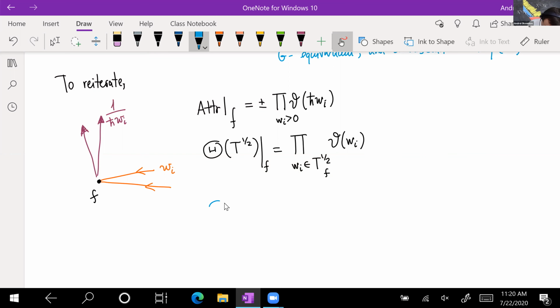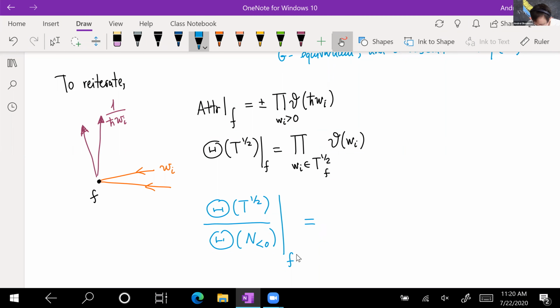If I take the theta of the polarization, and we divide by the theta of the normal bundle repelling, restricted to this point f, that is the same as a bundle of degree 0, because it sometimes has h, sometimes has this, but it's going to be this universal bundle.